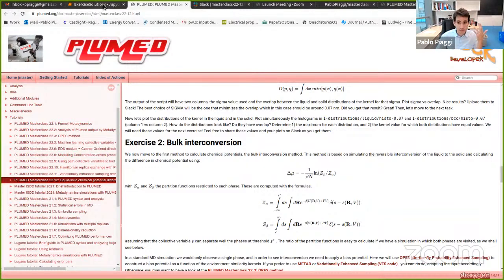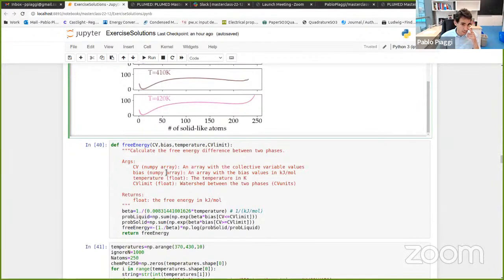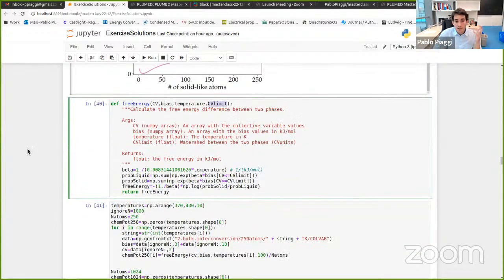That is also very, very easy to code. And here I'm showing an example of a function called free energy that, given some threshold called here CV limit, is calculating the ratio of these partition functions. So in other words, we're comparing the probability of finding the system in the liquid phase and the probability of finding the system in the solid phase.